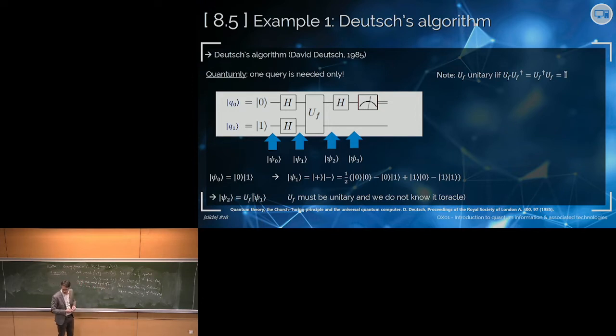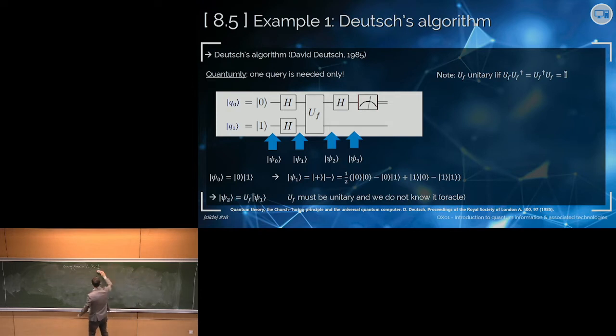So let's go to this. We start with two qubits, Q0 and Q1, and we start with the initialized state 0 and 1.